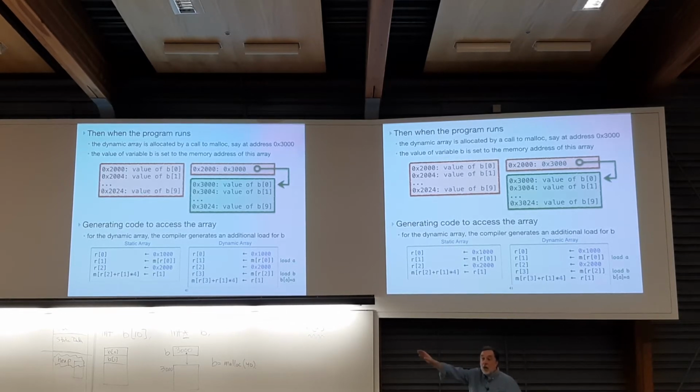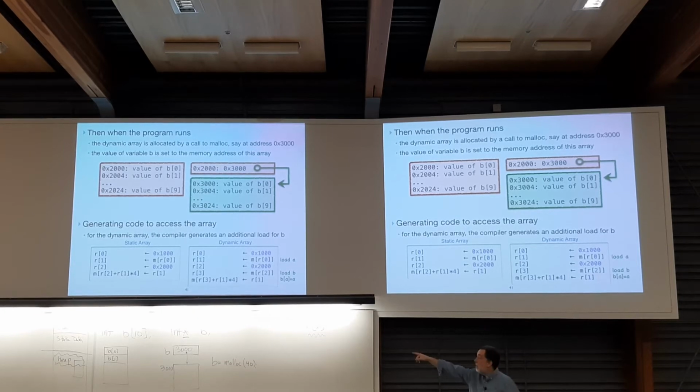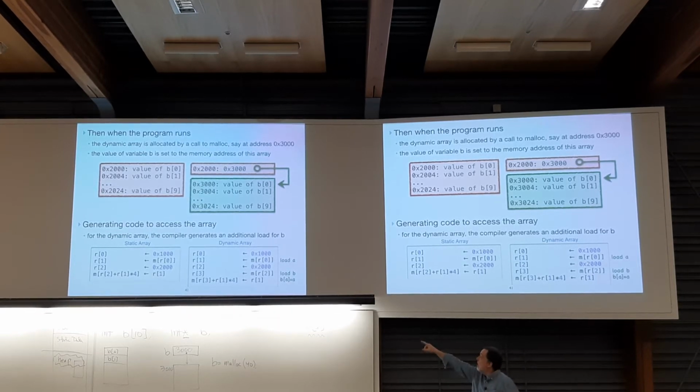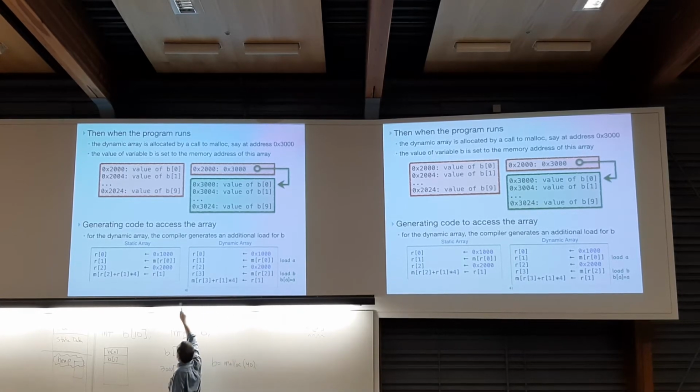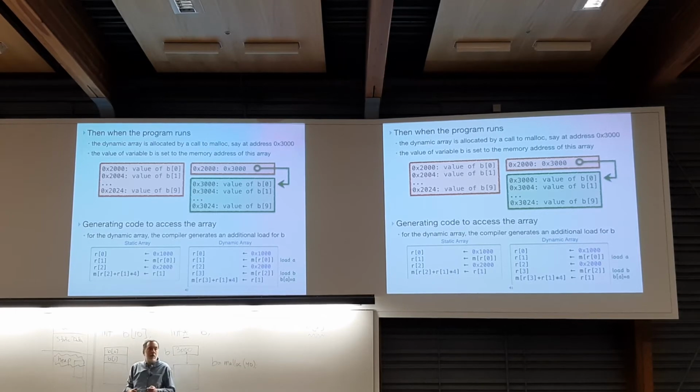In the case of the static array, that was the address of the array. Here it's not. It's the address of a variable that stores the address of the array. And so this extra line is needed, the fourth line, which goes to memory and reads this number. And then in the final line, you use that number as the base address, R3. Does this make sense?